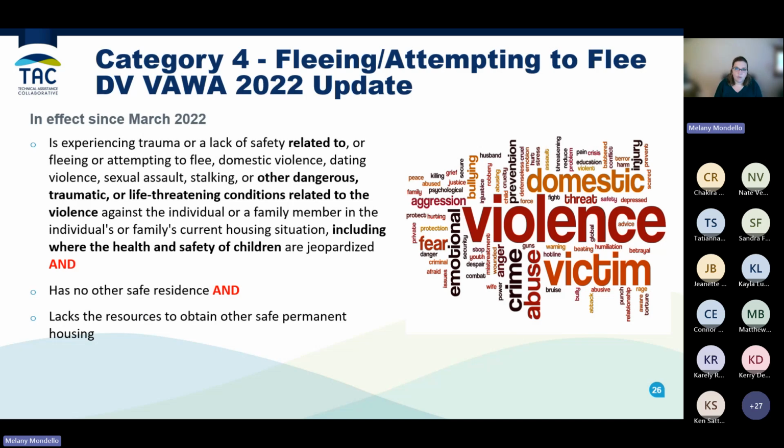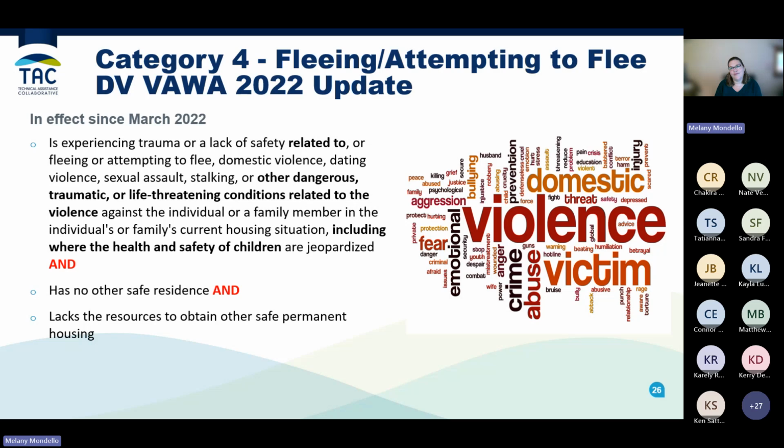So for Category 4, there have been some changes that we wanted to highlight today. Category 4, you'll hear as DV, domestic violence. It's formally titled fleeing or attempting to flee, I think is how it's in the regulation. And there's a lot of alphabet soup on here, so I'll decode this top.